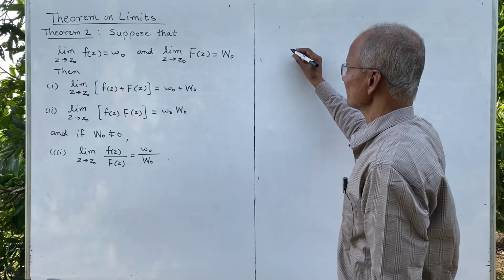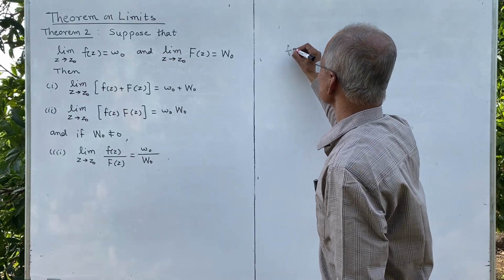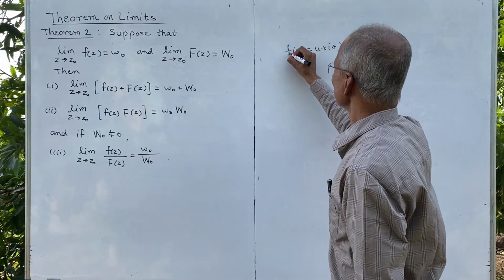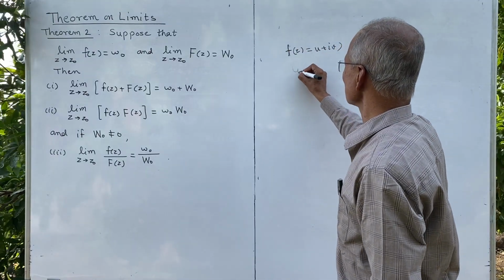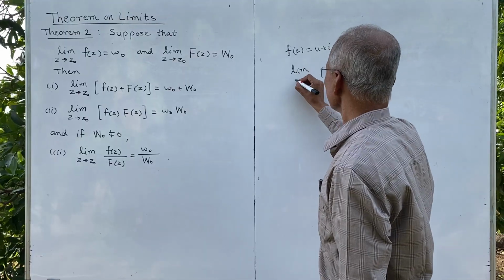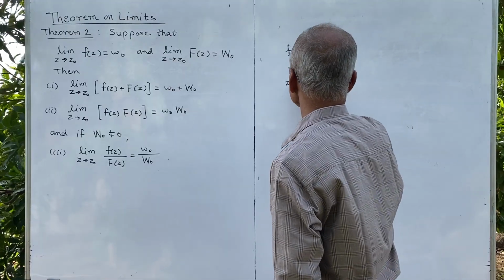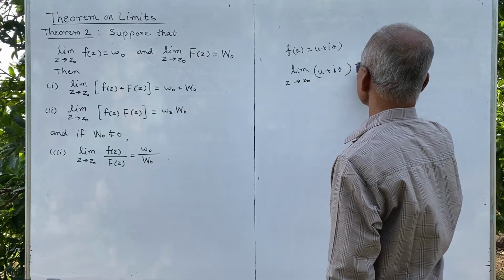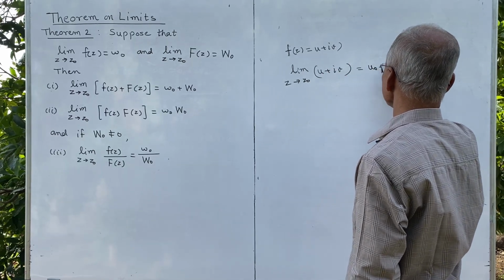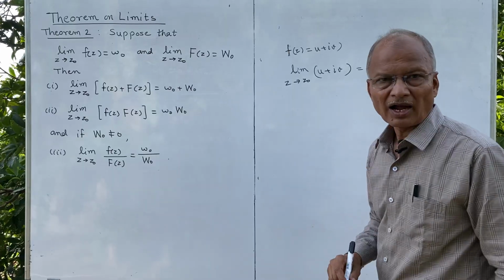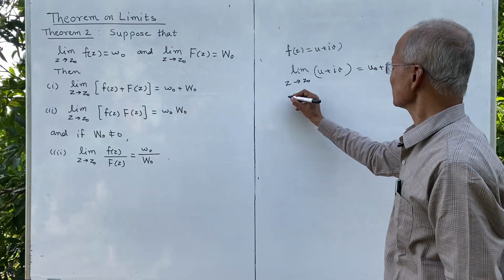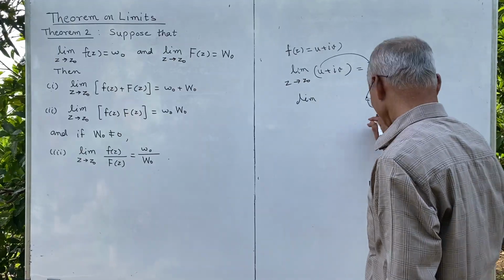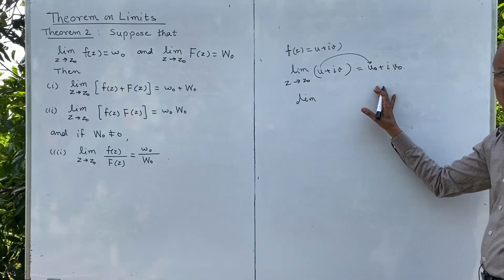There we have considered the function f of z, say a function having u plus iv. Then if its limit, as z tends to z naught of u plus iv, is w naught, equal to u naught plus i v naught, this implies the limit of the real part is equal to the real part of the limit.